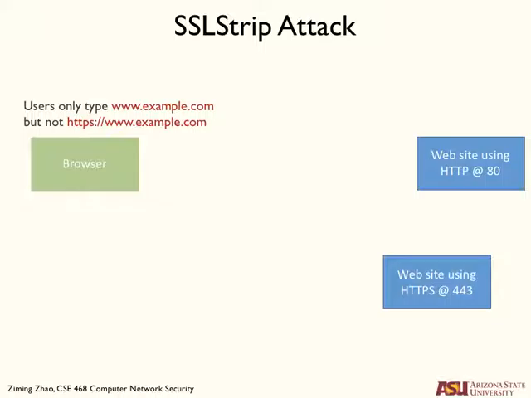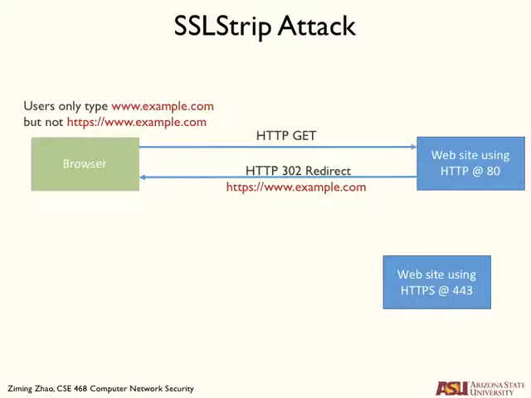They only offer HTTPS, but they do not want to lose the HTTP connections. So they set up another web server on port 80 using HTTP. When the user types www.example.com, it will send an HTTP GET message to the unencrypted version. Then this website will just reply with a code saying that you are supposed to redirect to the secure version of this website. And this is transparent to the user.